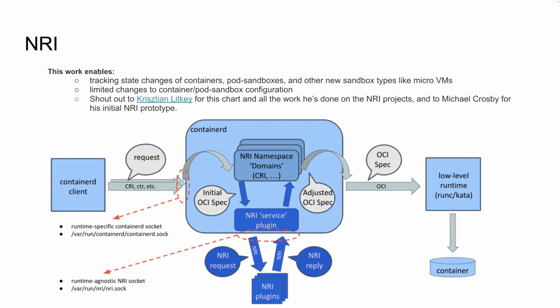With this new approach, the API will look like this: we have an OCI spec coming in. It'll go to the NRI plugins, and the NRI plugins are able to make changes to those OCI specs. These are the actual runtime specs that get passed to the low-level container, so they can add any sort of device. When you create the NRI request, it could say, create a new device for you, and then add that device to your OCI spec so that the container can make use of it.